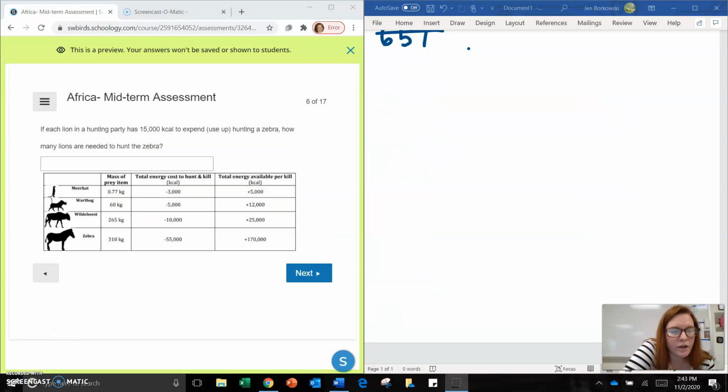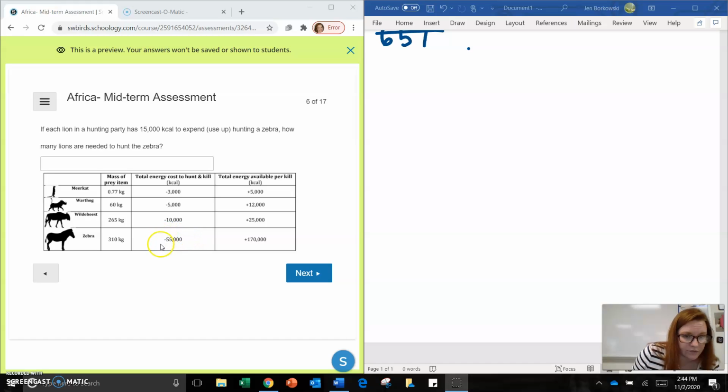Okay, so we're going to read question number 6 carefully and decide what's the information that we need and what information we don't need. So each lion in a hunting party has 15,000 kilocalories to expend hunting a zebra. How many lions are needed to hunt the zebra? So I'm going to come down here and look at my zebra. Here's my zebra. And here's the information that's important.